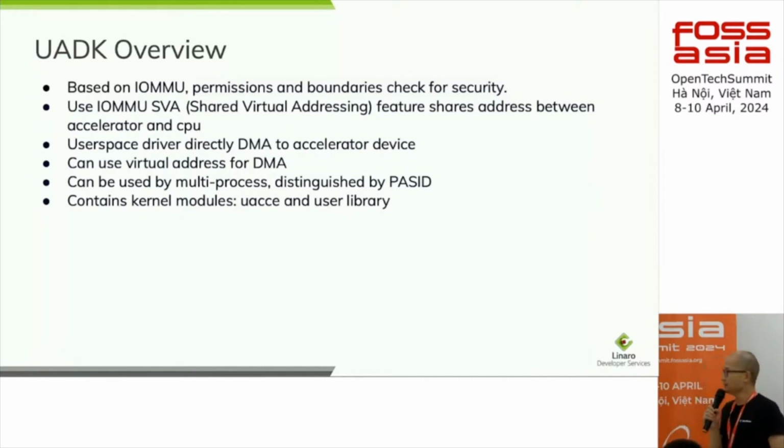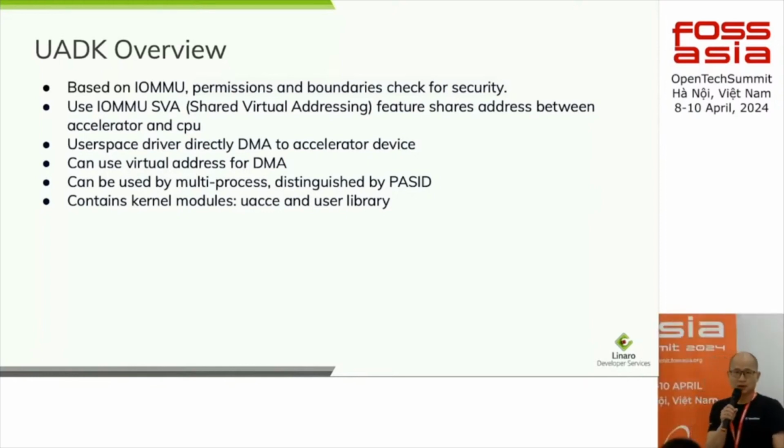What's more, usually we have to use physical address, but with the SVA feature, we can use virtual address directly. So it is very convenient. Thanks to the PASID, we can use multi-process because the PASID can distinguish them.